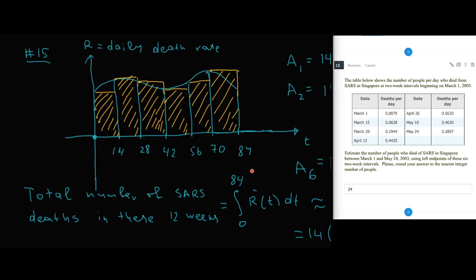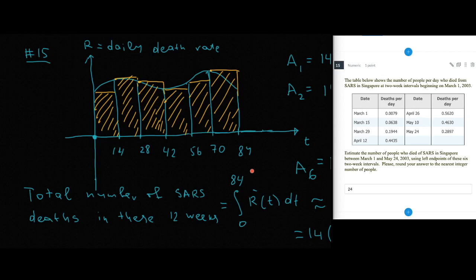Now, note that we're not given the daily death rate at every moment of time during this time interval. We're only given 7 readings at the moments of time specified in the table: March 1st, March 15th, March 29th, April 12th, etc., to May 24th.